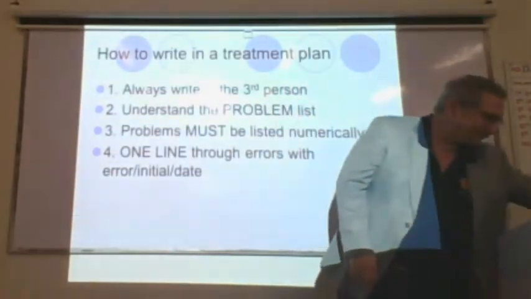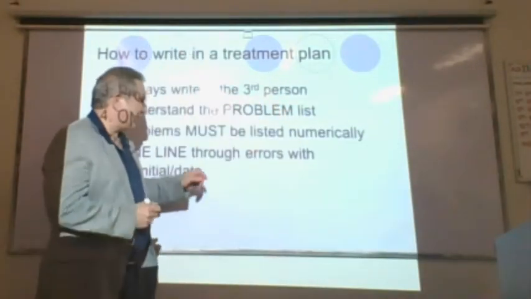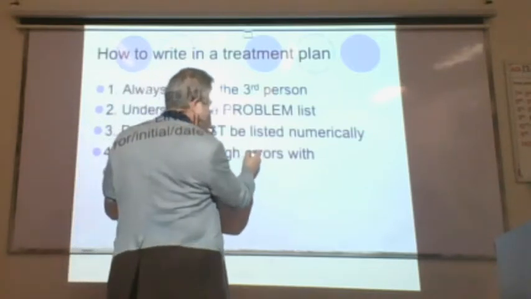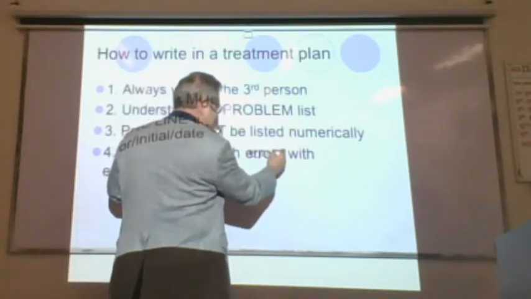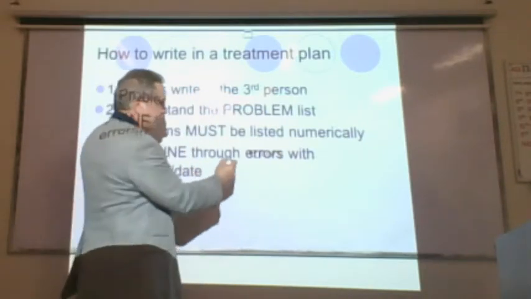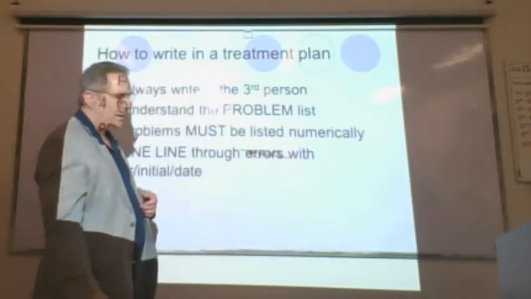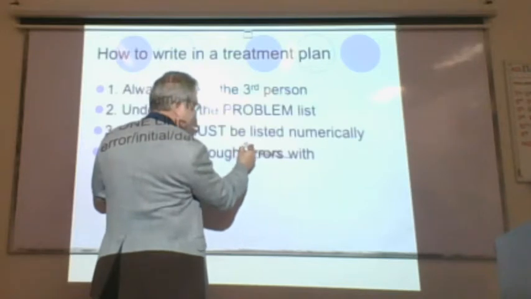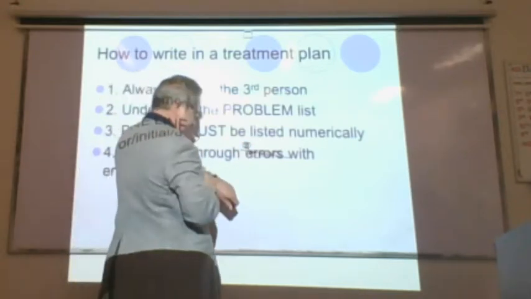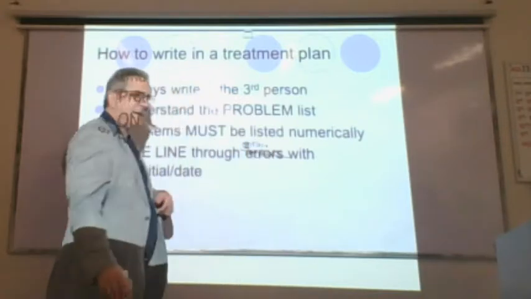All right? Let's say this word was spelled wrong. Let's say the word errors was spelled that way, E-R-O-R-S. All you have to do is this: one line through it, one line, and then you initial it, and then right next to your initial, you date it. 5/8/19.